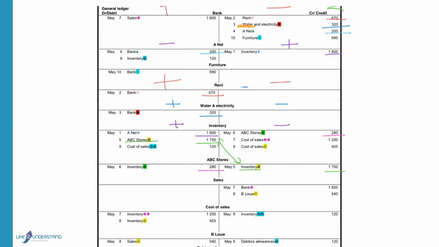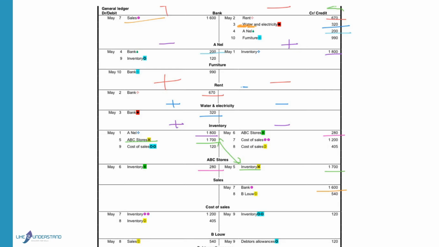For the first double entry, we will indicate that the bank received more money, so the bank increased on the debit side, and we will debit the bank with 1,600. The double entry must be at 1,600 as well, so we will show that sales increase with 1,600.